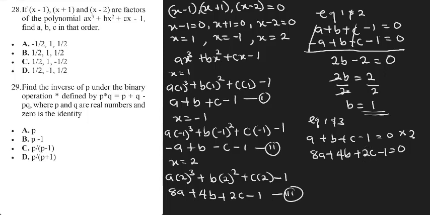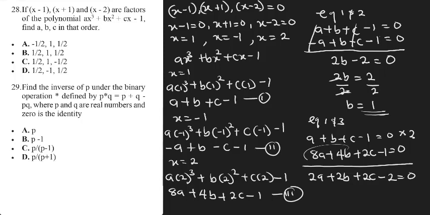So if you follow this, we're going to have a new equation. This 2 here will multiply all through, just like the way we know simultaneous equations. So a times 2 is 2a, then plus b times 2 is 2b, then plus c times 2 is 2c, and minus 1 times 2 is minus 2, equals 0.